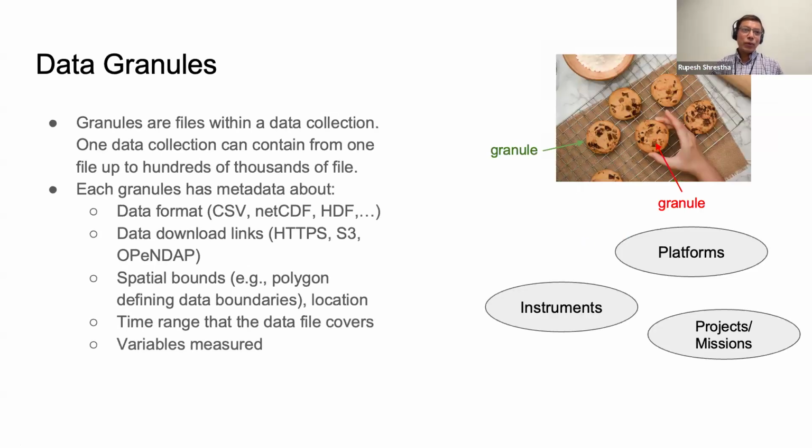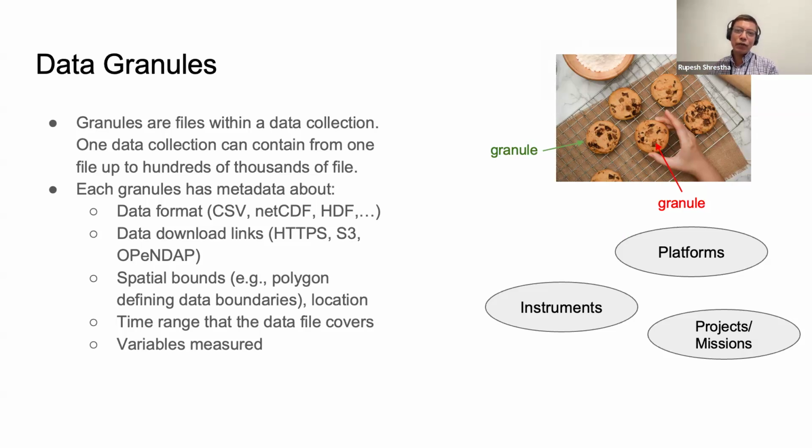The second type of metadata is the metadata about data granules, or those individual files that are within the data collections. In our example, one cookie is one granule here, and so many cookies mean one data set. The granule level metadata can consist of information about formats of the individual granules, the links to download these granules from HTTPS.